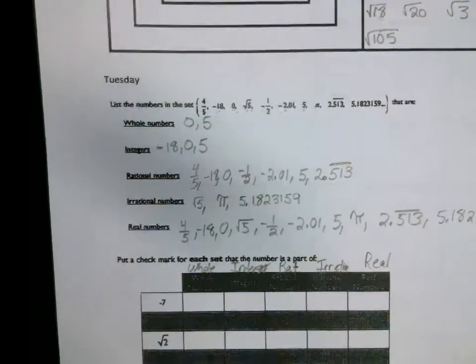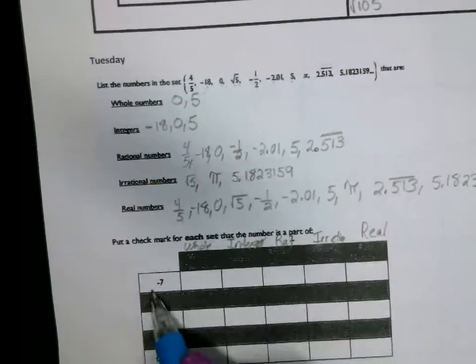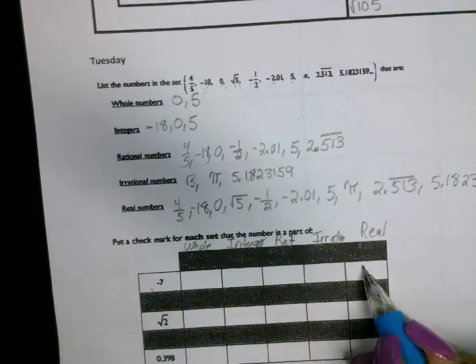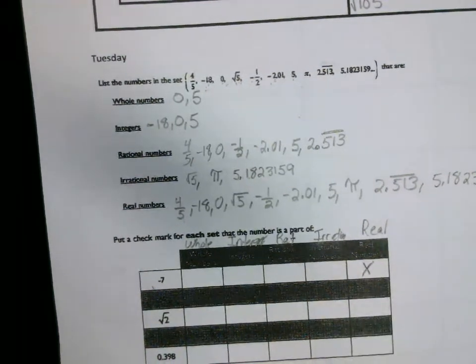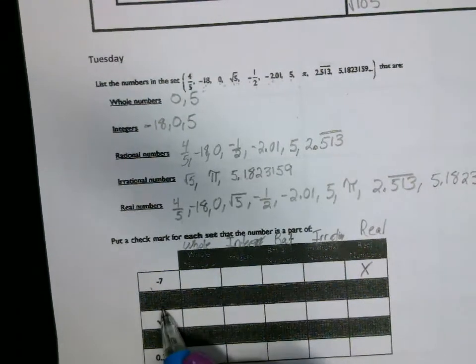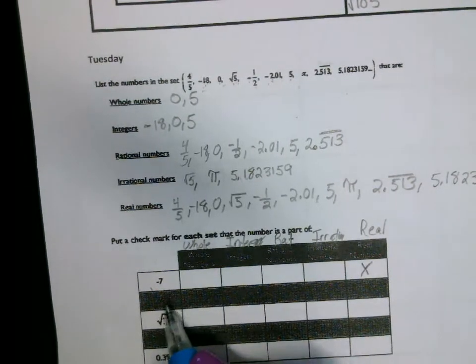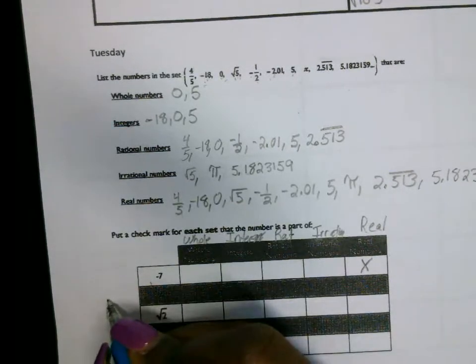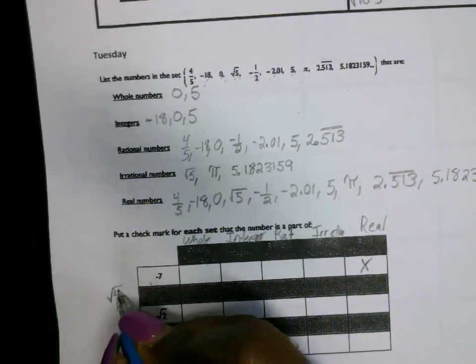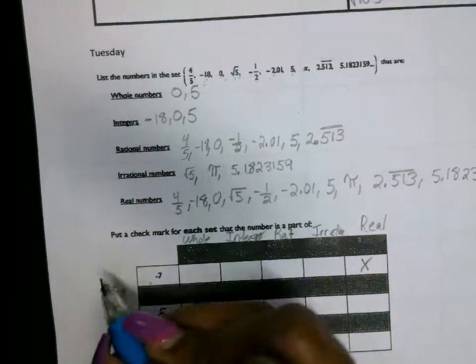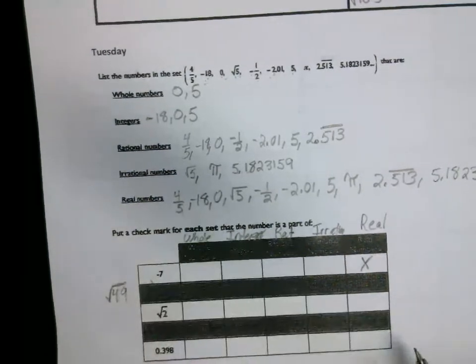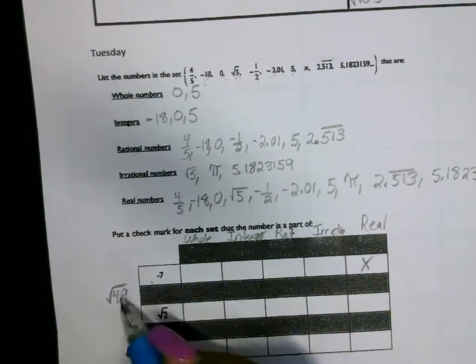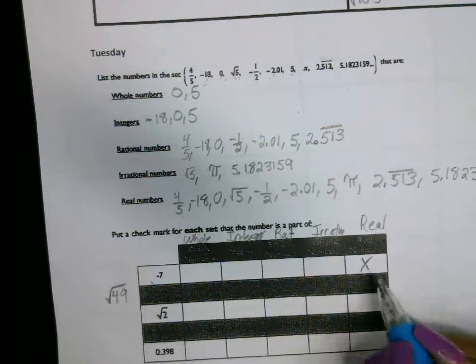Okay? All right. So you're looking at -7. We know -7 is a real number, so we're going to put an X in this box. That's a real number. This is hard to see, so let me put another number there for you. Let's do the square root of 49 here. Every single number is going to be a real number.